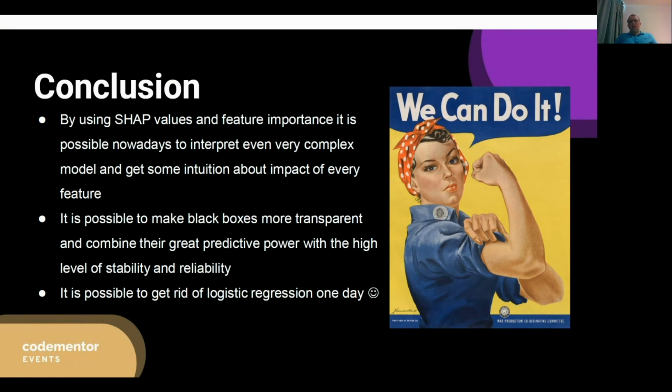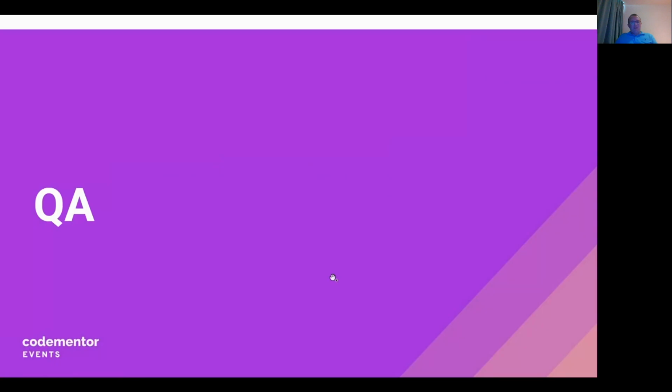We can use all these instruments to make our black boxes more transparent, and as a result, we can explain a stable, reliable instrument, and we can use it in our daily work. We can explain it to our management, internal and external audit, etc. So I believe that it's possible to get rid of logistic regression one day.